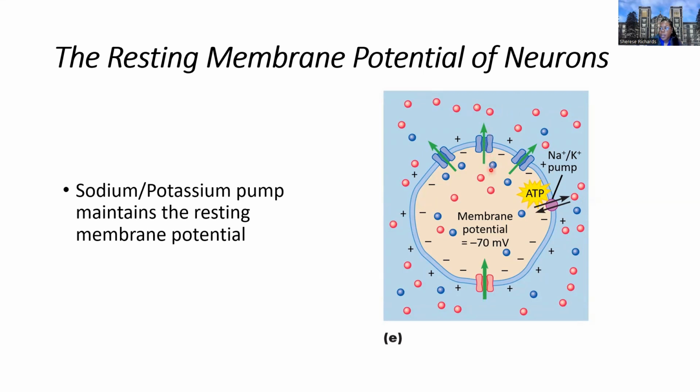So there's going to be a weak force for potassium leaving the cell, but many more passageways or channels to do so. And eventually, that pump leak system gets to a balance where there's no longer any net movement of potassium or sodium. And then at that time, if we were to put a voltmeter into our neuron, the resting value would be negative 70 millivolts, favoring an abundance of negative charge on the inside of the neuron.